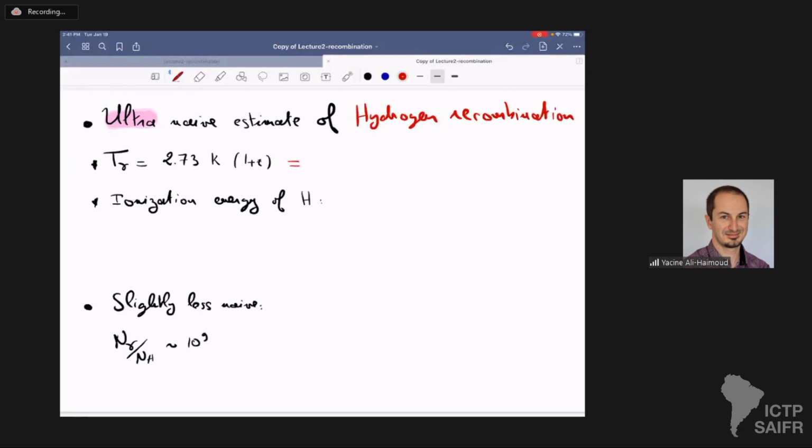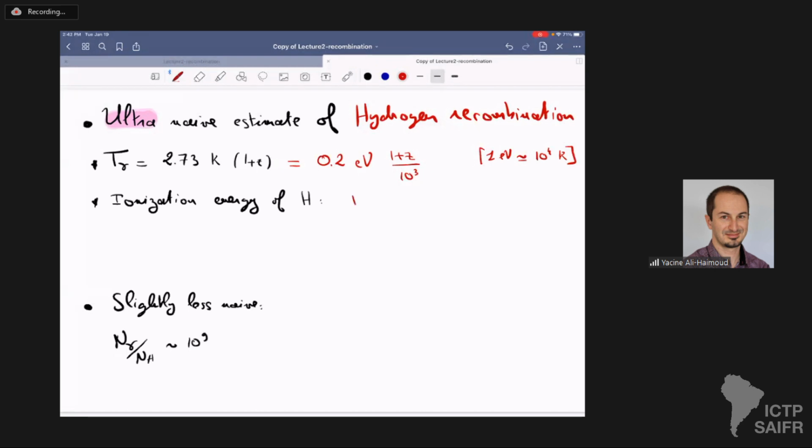Now, a useful thing to remember, at least I find it useful for these kinds of calculations, is that 1 electron volt corresponds to 10^4 Kelvin, in terms of conversions. So the temperature of the photons around redshift 1000 is approximately 0.2 electron volts.